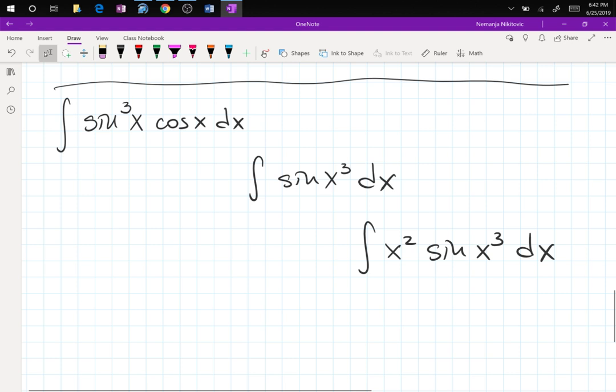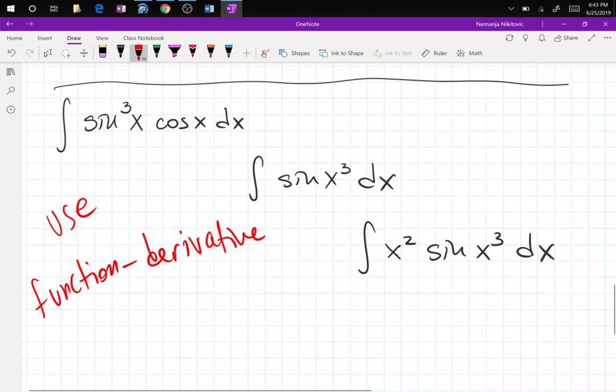So the tool which I did not give you, and it's very important to have it and memorize it, and I write it here in blood, is the use function derivative pair method. Function derivative pair.